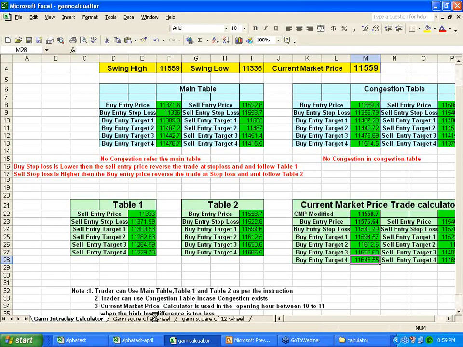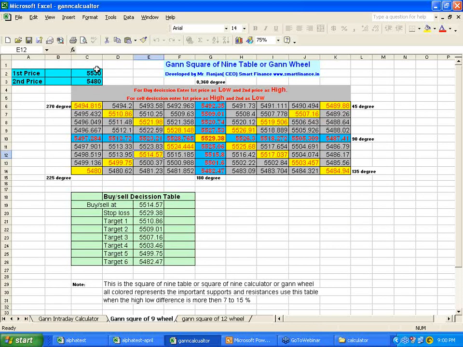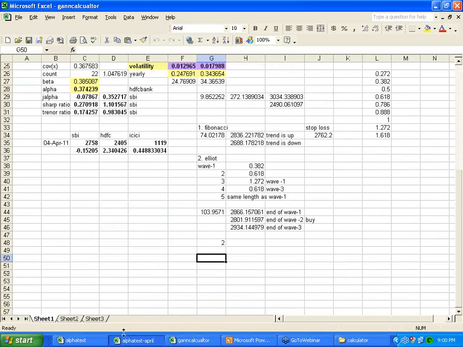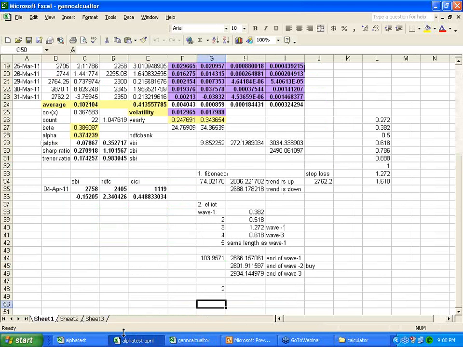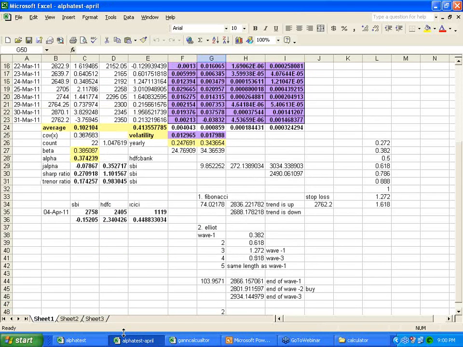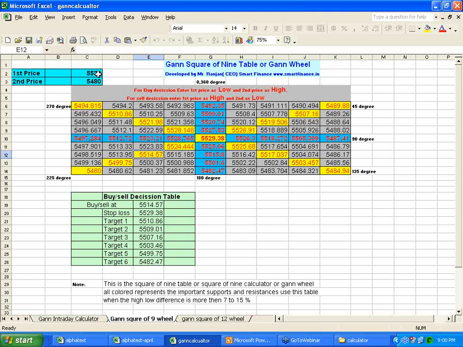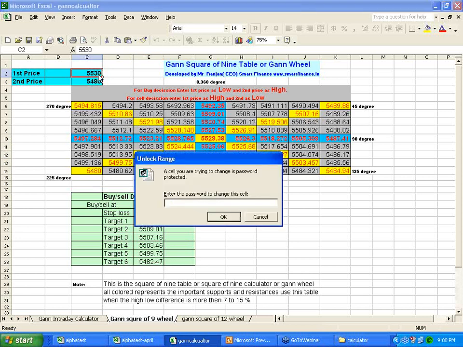Here we have got two price points. The first price point from where our calculation will start is 2762. It has the probability to go up to 3034, or it has the probability to come down to 2490. These are the two probabilities. If you are using the Gann square of 9 principle and wish to make a buy decision, the first price should be low.